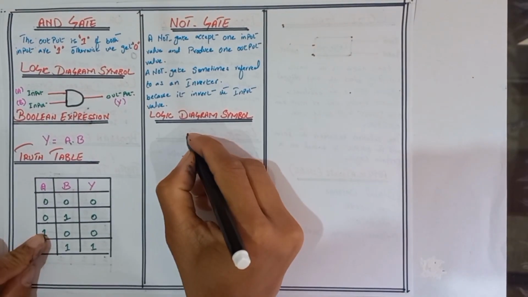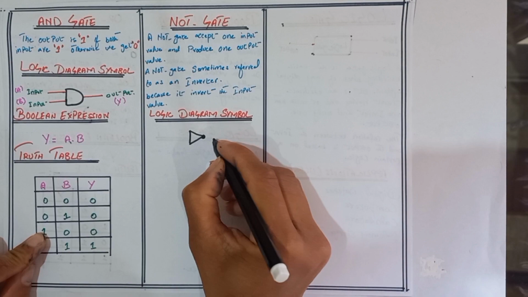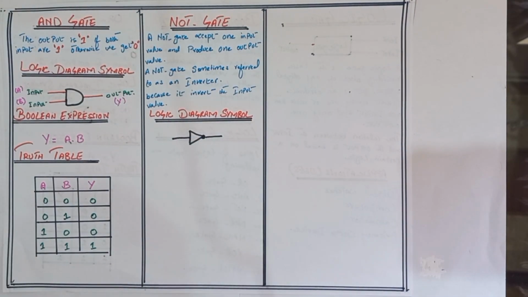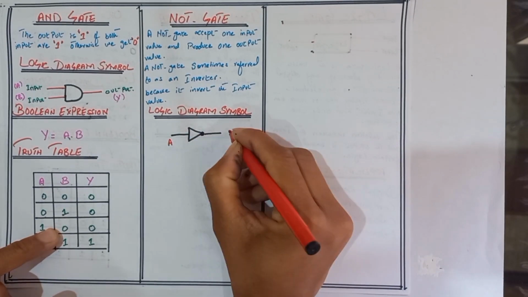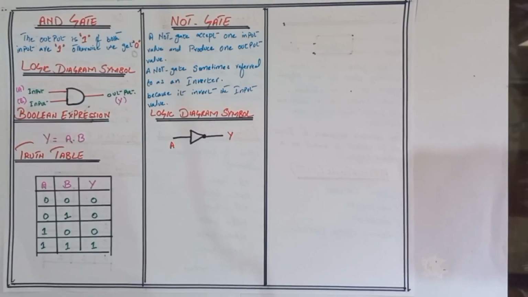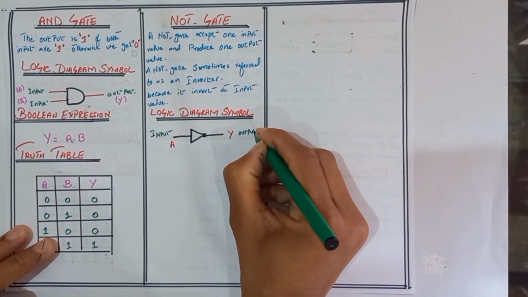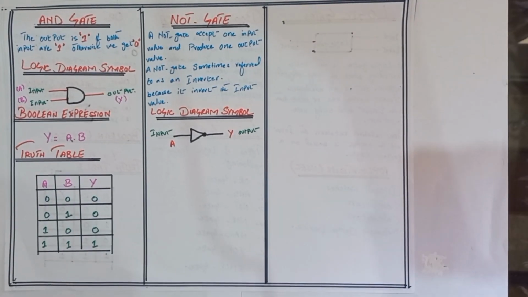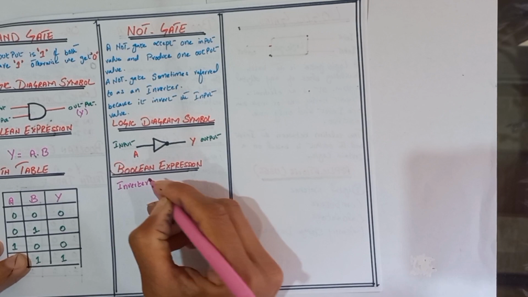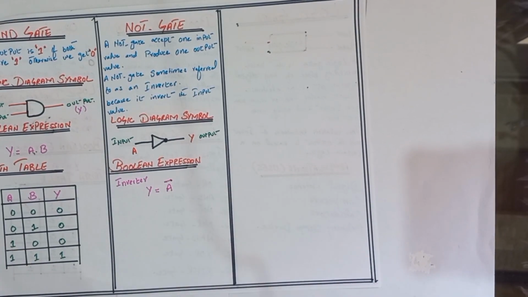If we discuss the logic diagram symbol, it is like that. Here we give one input and get one output. The logic gate is used as an inverter, so it inverts the input. For an inverter we use the bar over the input.